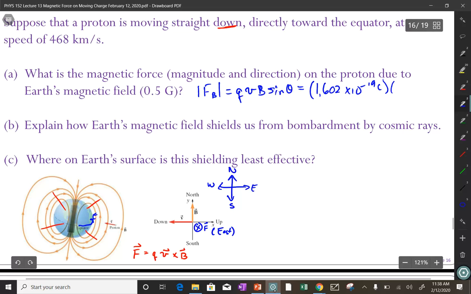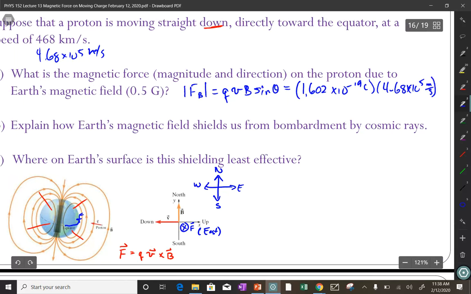The speed, 468 kilometers per second, is 4.68 times 10 to the fifth meters per second, and we want it in SI units. Protons. And then the magnetic field is 0.5 Gauss. How many Tesla is 0.5 Gauss?